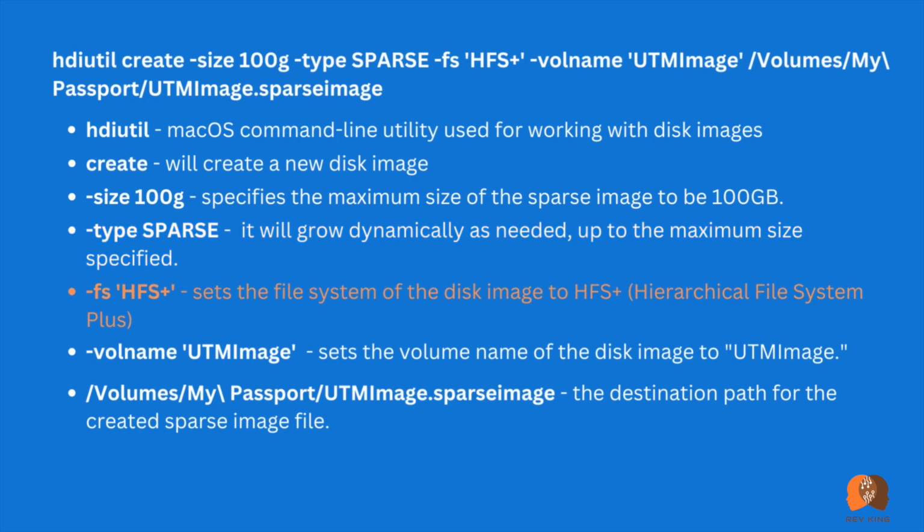The -fs HFS+ sets the file system of the disk image to HFS+, or Hierarchical File System Plus, which is a common file system for macOS. The -volname UTM image sets the volume name of the disk image to UTM image. And the path is the destination path for the created sparse image file.